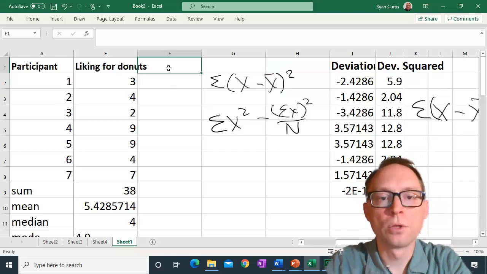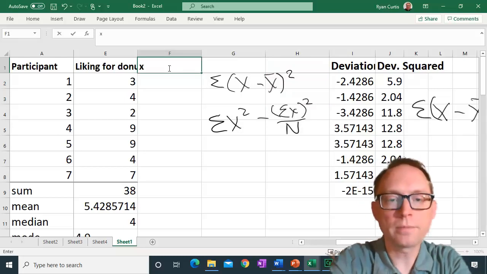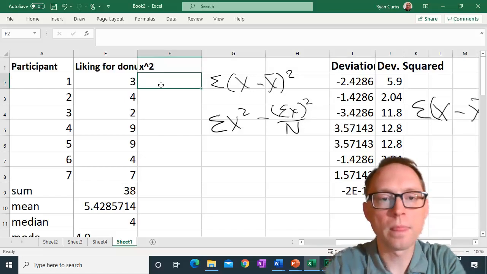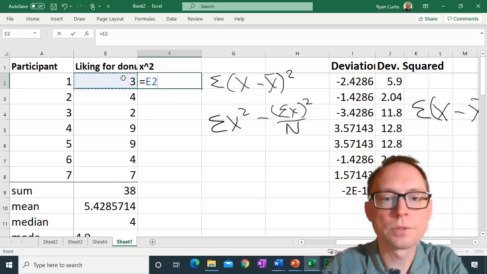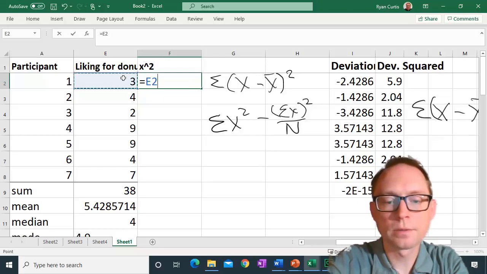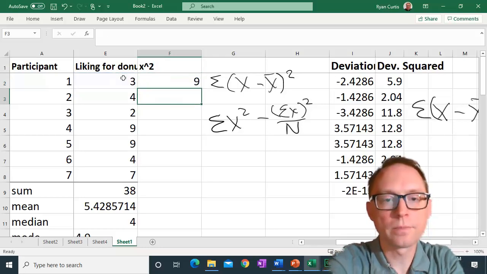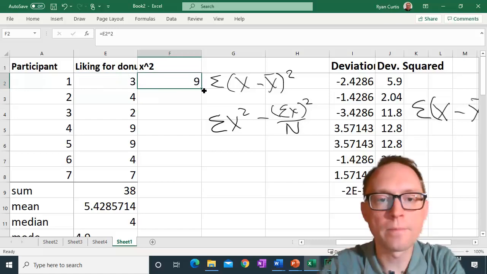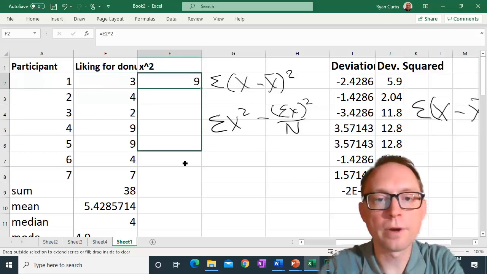So in order to do this, you've got to square everything. So this is going to be x squared, so equals this squared. Okay. We're going to do that for everything.